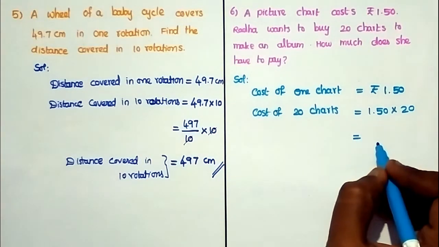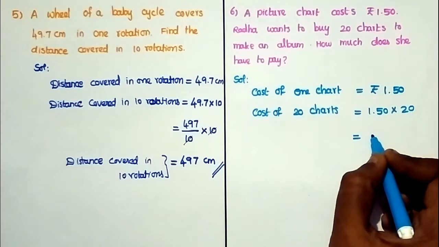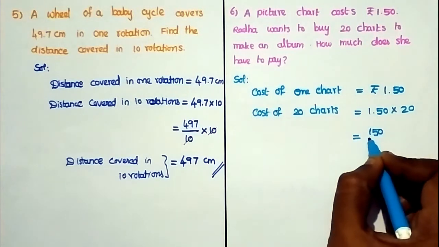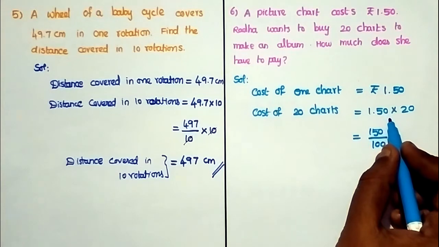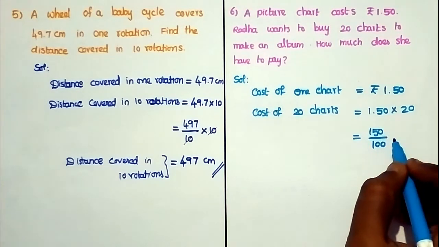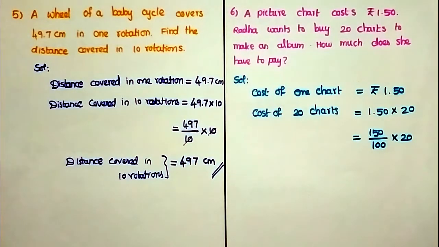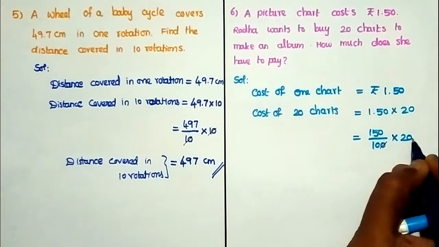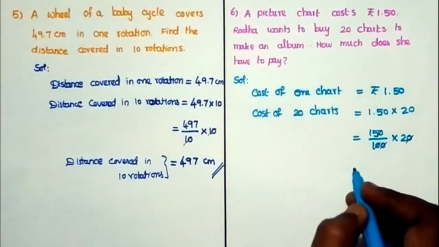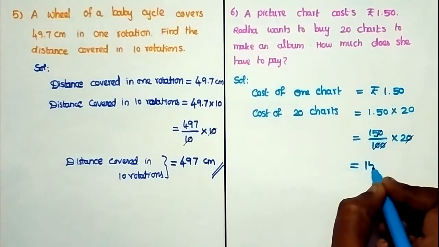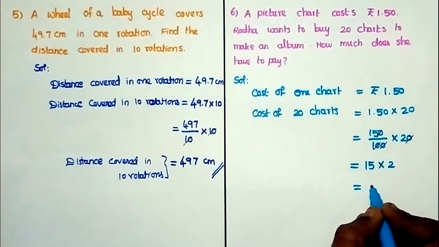1.50 is the decimal number. So, make it in fraction. 150 divided by 100, after the decimal point two digits. So, divided by 100 into 20. Here 10 and 10 get cancelled and here 10 and 10 cancelled. Write down the remaining number, 15 into 2. So how much?